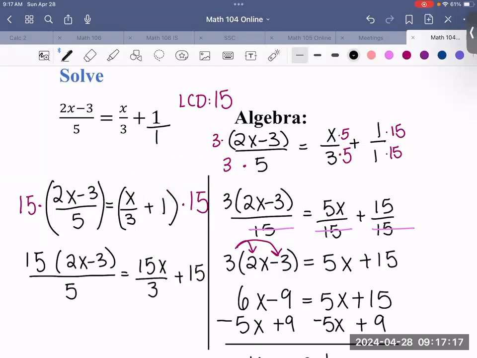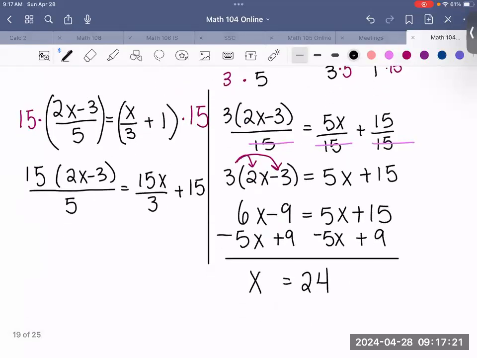Now we can go ahead and see if anything can cancel before doing any sort of distribution. So notice that 15 and 5 do have some values in common. They both have a 5, which means a 3 gets left behind. Same thing here, 15 divided by 3 is 5x plus 15.